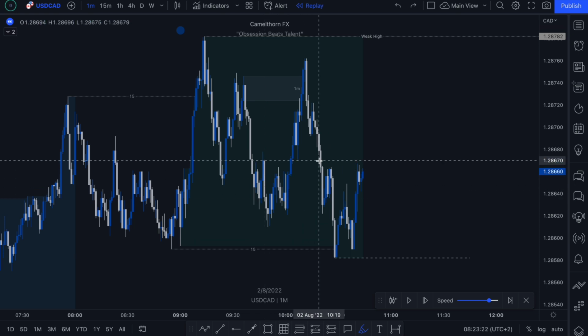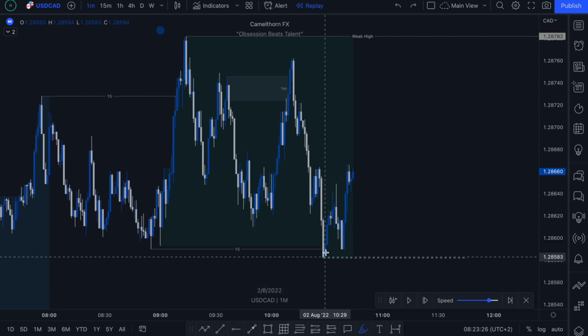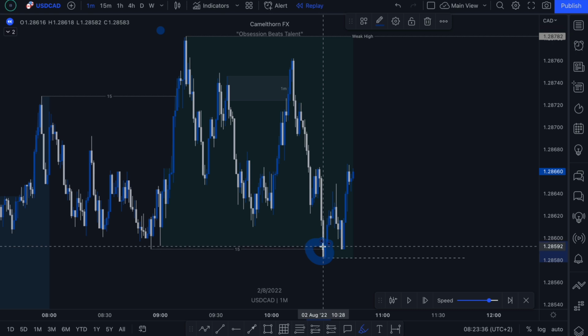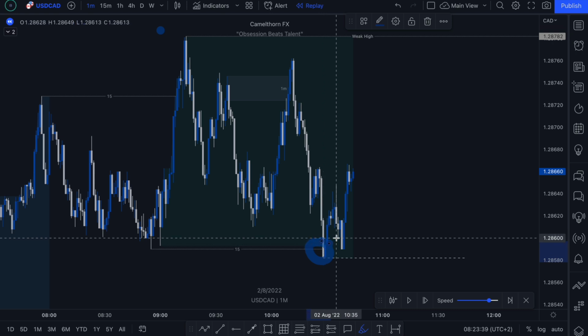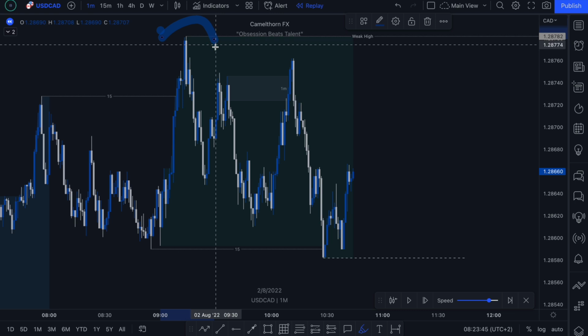Okay, now one pro tip for you guys here: we have our 15-minute change of character that occurs here. Once you drop down to your 1 minute chart, you want to look for the point where that 15-minute change of character originated from on your 1 minute chart. Okay, I'll say that again. Because we are looking to trade counter trend now, we have confirmed our high in here.